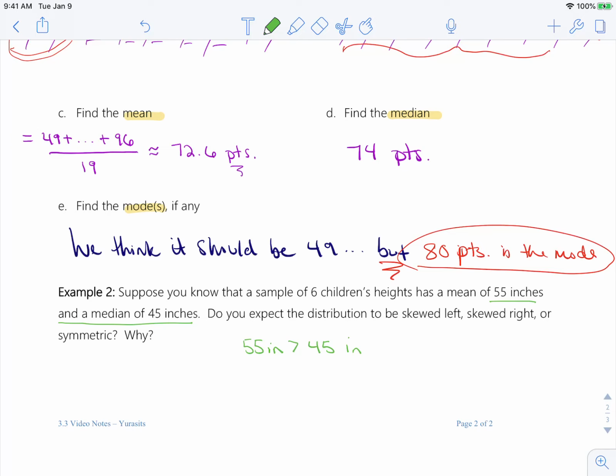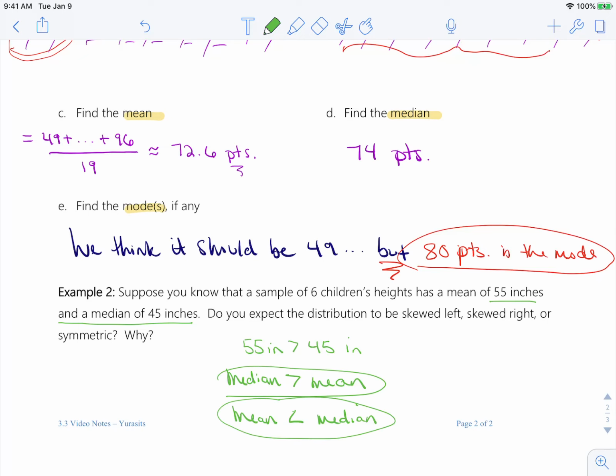And my 55 is the mean. This isn't the way I wrote it, but hopefully you're okay with this. I just wrote it how it was given to me in the order. This is saying the same thing as this. So I'm saying my mean is greater than my median.